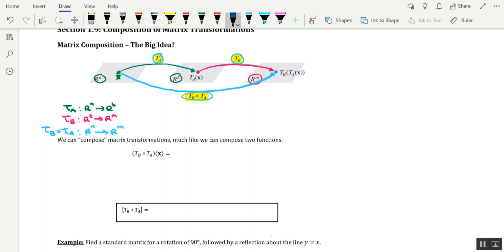One way of writing the composition of two matrix transformations is right here. And much like with ordinary functions, this can be rewritten as capital T sub B in parentheses capital T sub A of x.